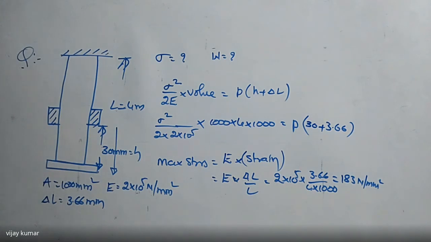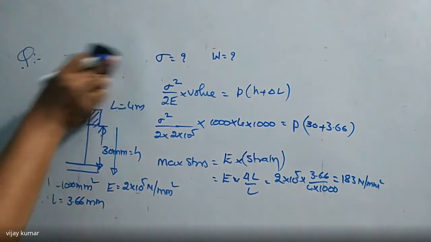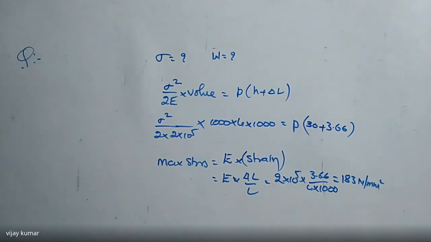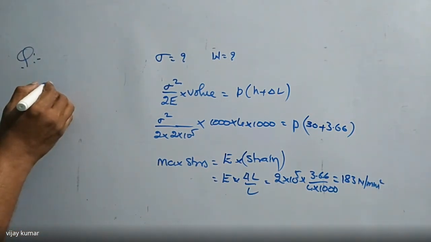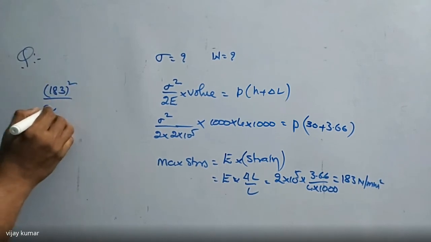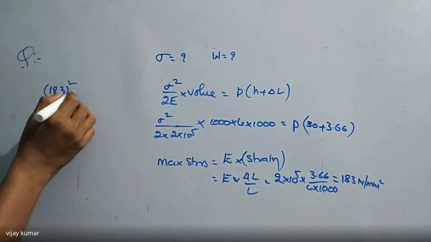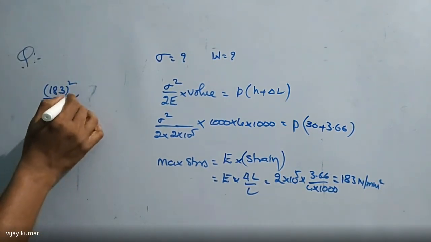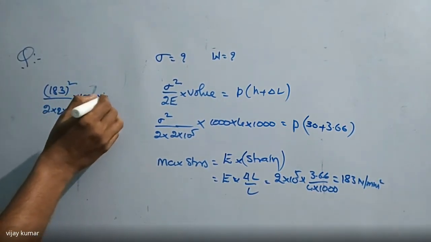Then I am going to substitute here to get the value of P. How to find the P value? I write 183 square divided by 2 times 2 into 10 power of 5, into volume. Volume is nothing but 1000 into 4000.